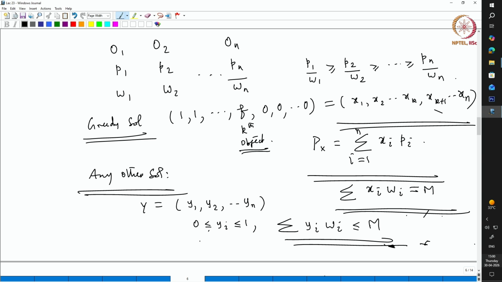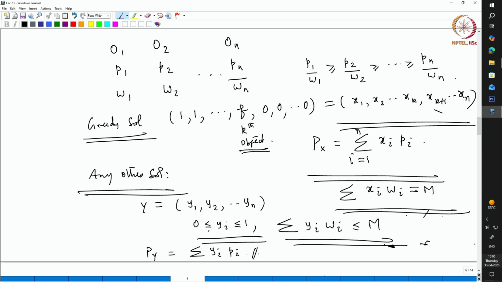This is property of any solution. The values will be less than or equal to 1, and it's a feasible solution. It respects the weight constraint. And what is the profit that you get? Py. Py is sigma yi pi. This is the profit you get.